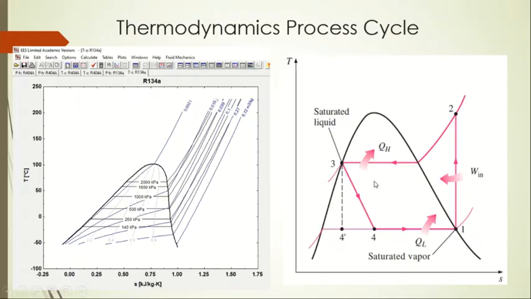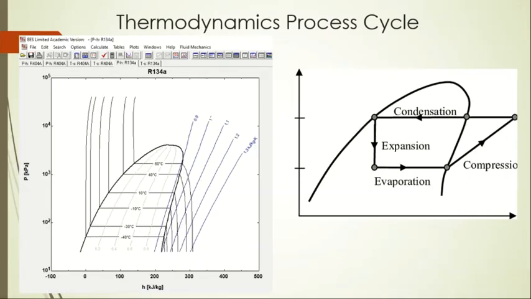So here the heat is removed from the process to the atmosphere. Again, after that, the liquid refrigerant enters the expansion valve, and the expansion valve is actually a constant enthalpy process.